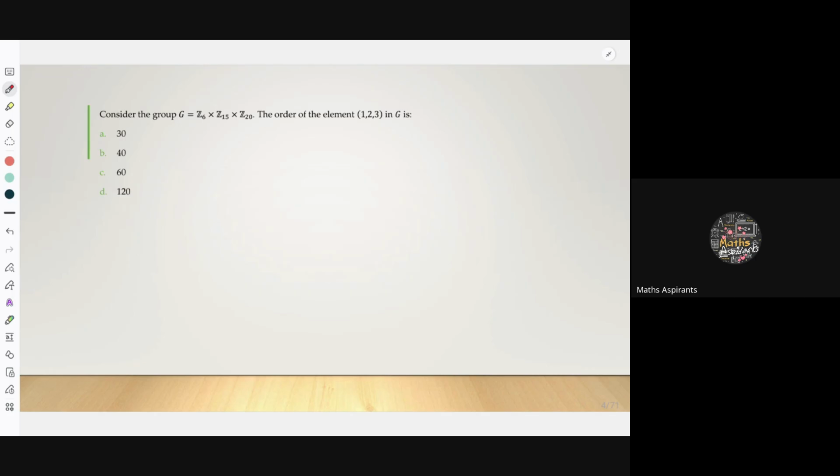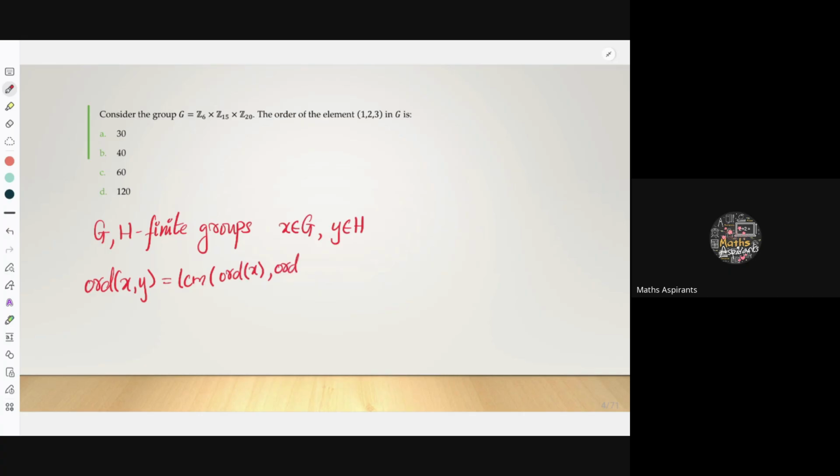In general, when G and H are finite groups, X belongs to G, Y belongs to H, the order of (X, Y) in G cross H is the LCM of the order of X in G and the order of Y in H. You can also extend this for any finite product of groups.